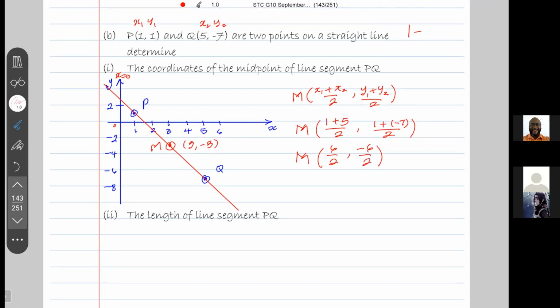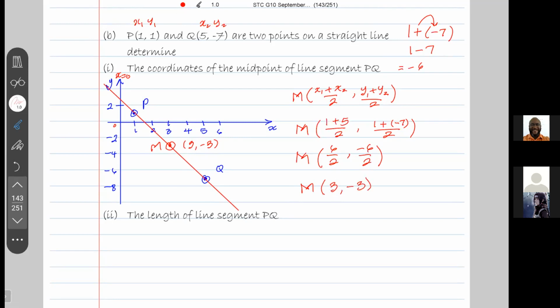1 plus minus 7 is the same as saying 1 minus 7, because a positive times a negative is a negative, and 1 minus 7 is minus 6. So the coordinate of the midpoint M is 6 divided by 2, which is 3, and minus 6 divided by 2, which is minus 3.